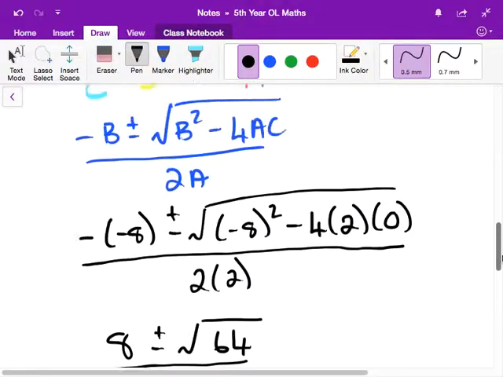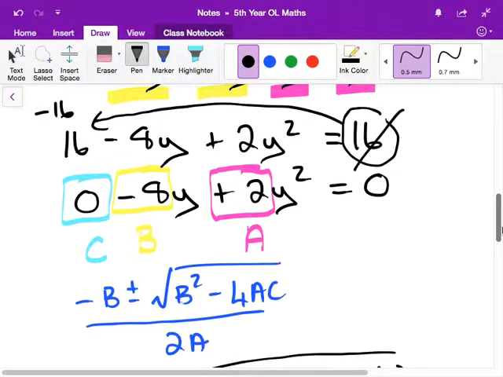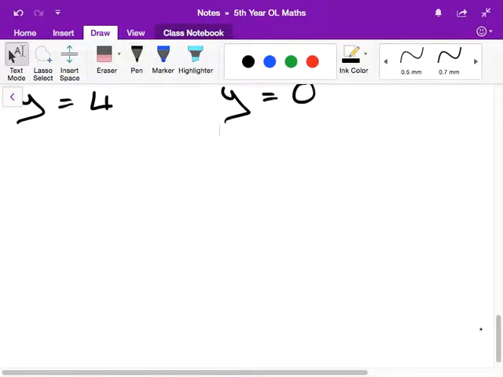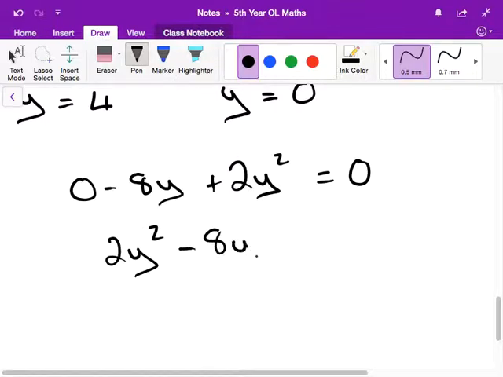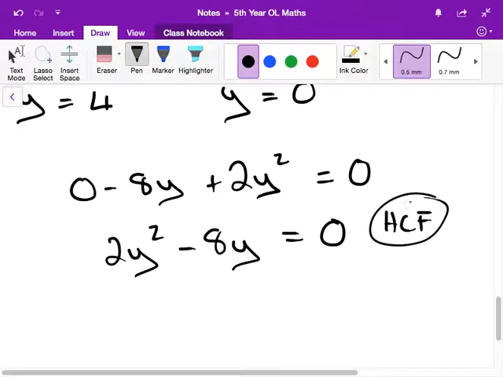Now, as an alternative, if I didn't want to do the minus b, the equation here is 0 minus 8y plus 2y squared equals 0. If I put it in the right order, so put the y squared first, the 8y second, and then don't worry about that. This is a quadratic highest common factor. So I could just take out the 2y, which would leave me with y minus 4.